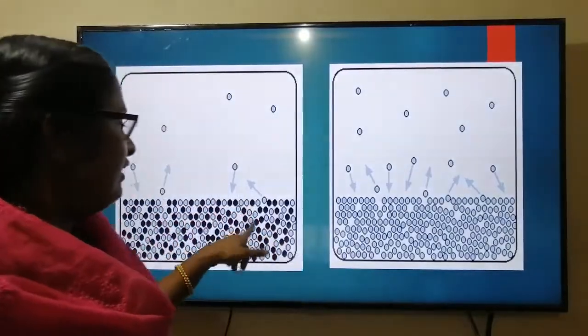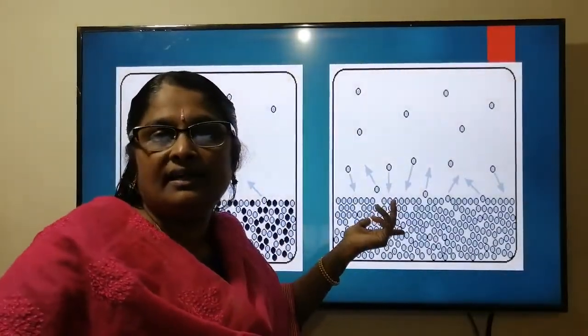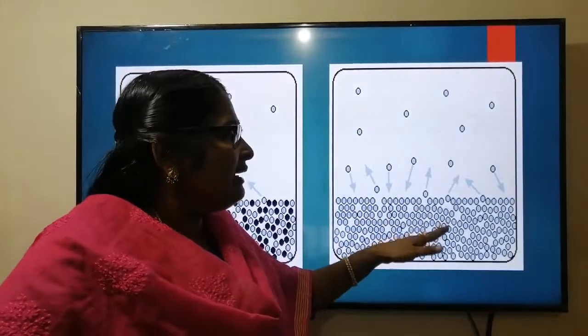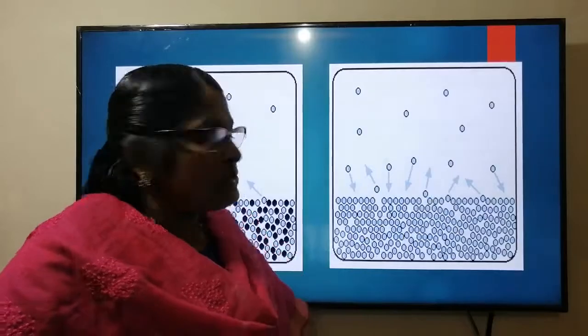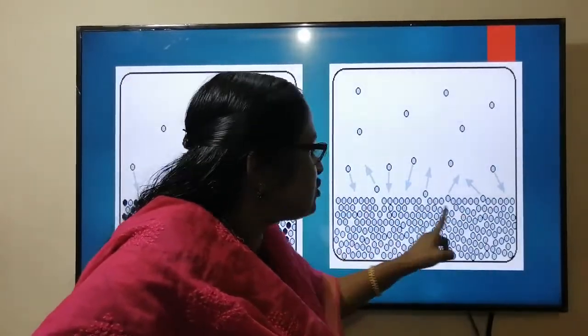So if we add a non-volatile solute to a volatile solvent, for example glucose or NaCl into water, only the solvent goes into the vapor form. In pure solvent, all the surface particles are H2O molecules.